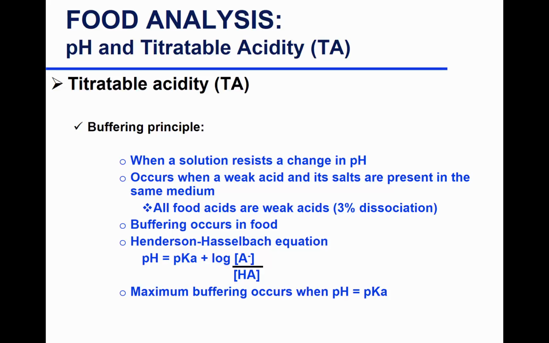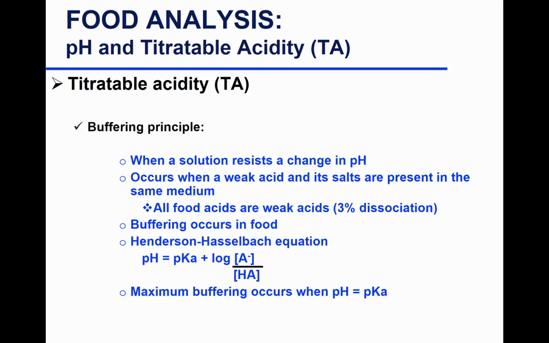Buffering is when the solution resists change in pH. That means when you titrate with acid, the carboxyl groups that are dissociated are going to absorb the acid, and the pH will not change, because the pH is a measure of free protons. So the buffering occurs when you have a weak acid and its salt.